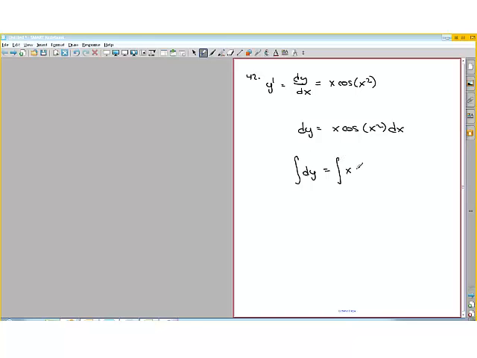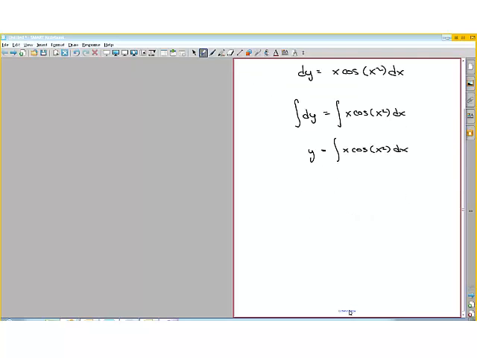The left-hand side just becomes y, and the right-hand side just becomes the integral of this, which we've learned to solve last semester. So how do we solve this right-hand side? In this case we're going to use u substitution, because we don't have an integral that looks like that in our table.